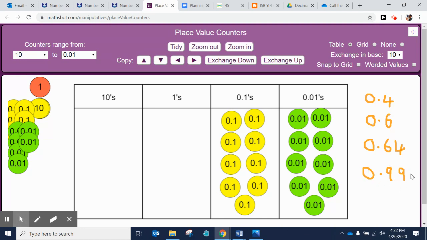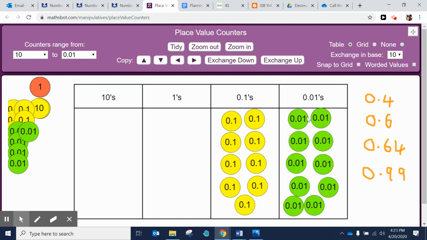How would this number change? Let's have a look. Well, you'll automatically notice that I've got 10 in one column. And the biggest number that I can have in a column is 9. So what do I need to change now?